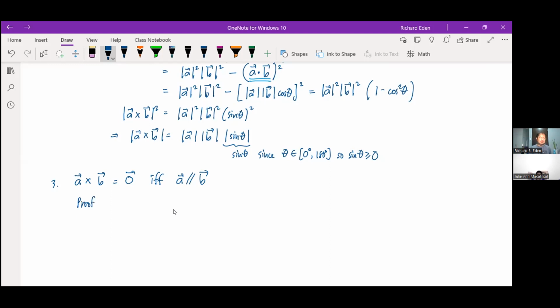Okay, so for the proof of this, well, what does it mean for two vectors to be parallel to each other? It means that A and B are scalar multiples of each other.